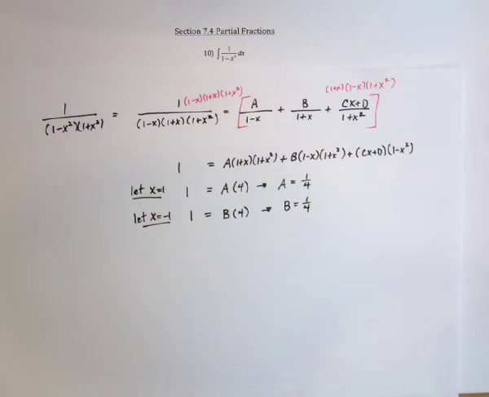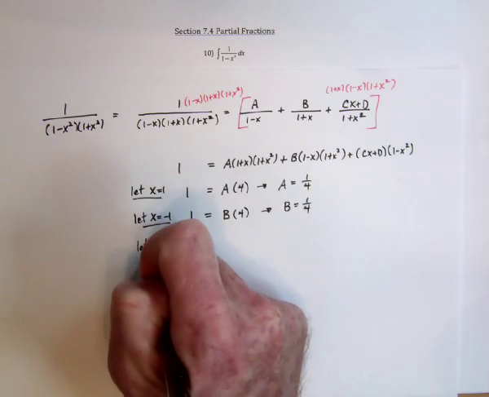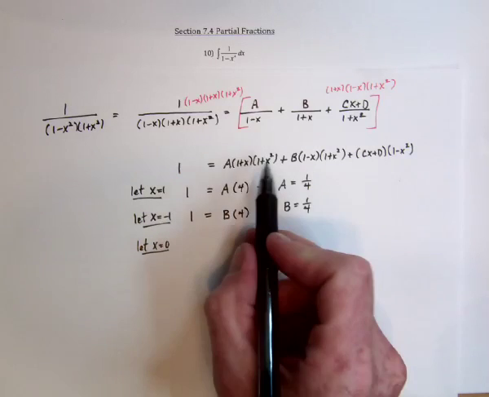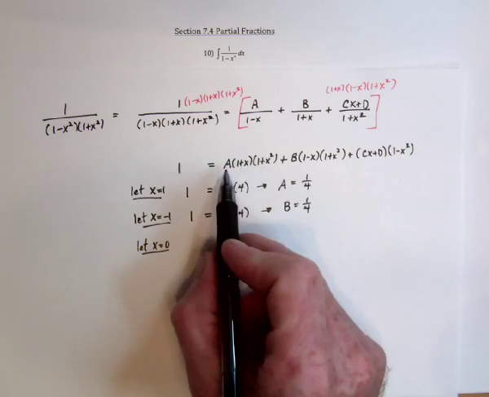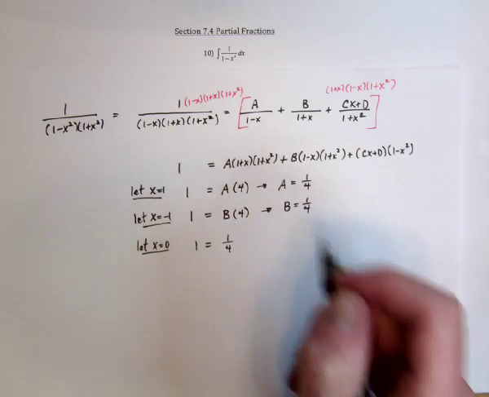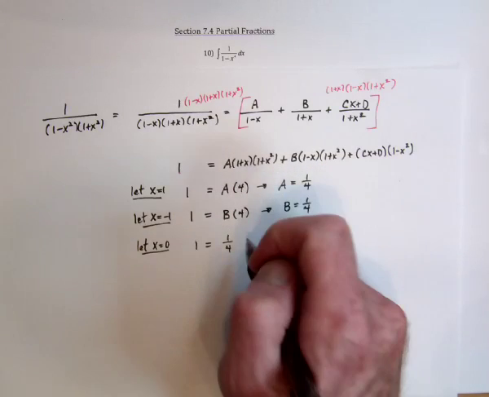Alright, now pick something else. Well, I suppose an easy number would be if x equals 0. Then this would be 1 times 1 times a quarter. This would be 1 times 1 times a quarter.